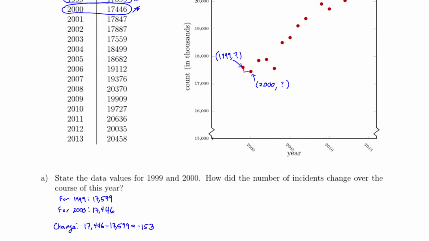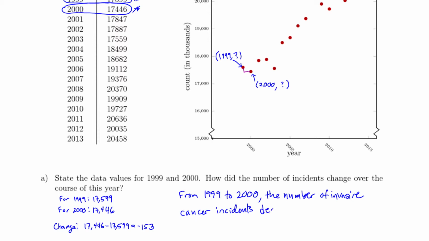So that negative is telling me that over the course of that year, the number of incidents went down. So if I summarize that, from 1999 to 2000, the number of invasive cancer incidents decreased by 153.